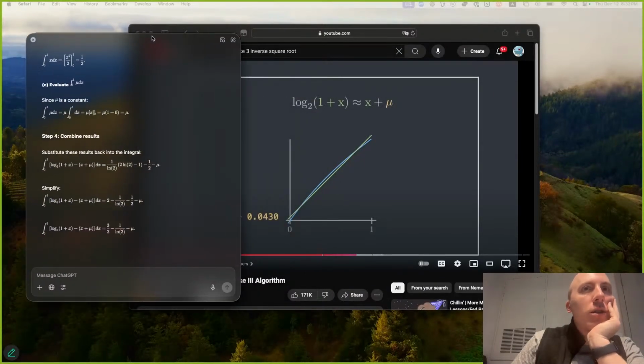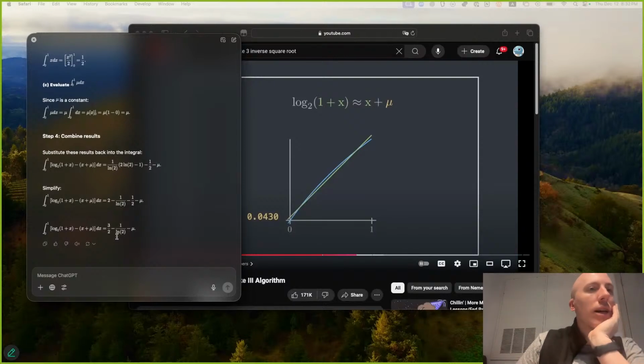That's crazy because the two functions that we were comparing were log base 2 of 1 plus x and x plus u. So we do have a kind of log 2 thing still in here. And we have the u, but, oh yeah, x just ranged from 0 to 1, so we shouldn't expect to see any x left.